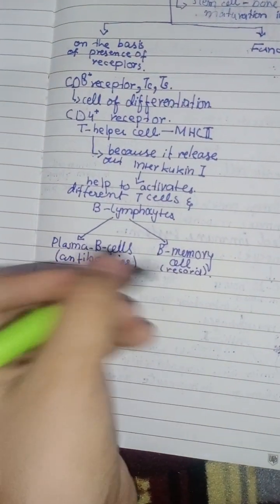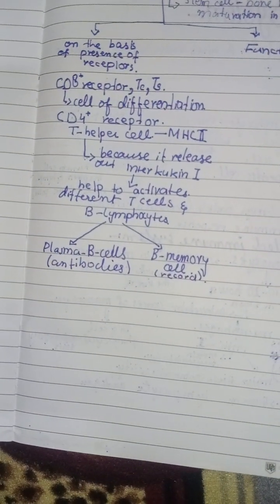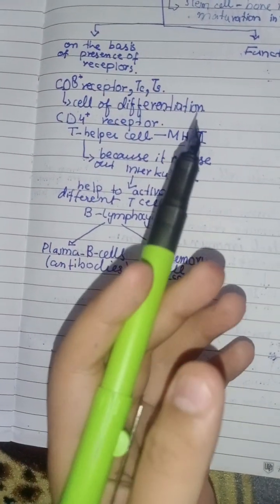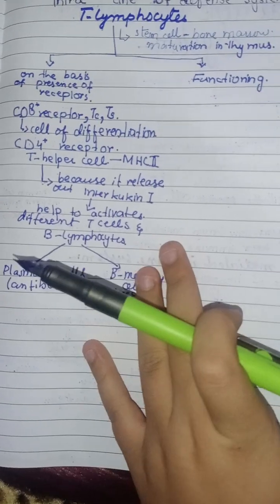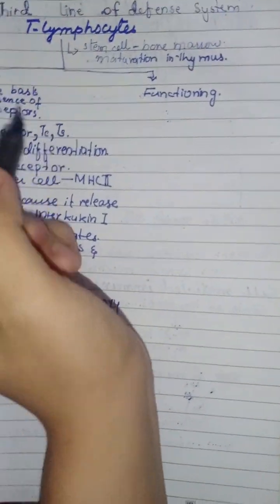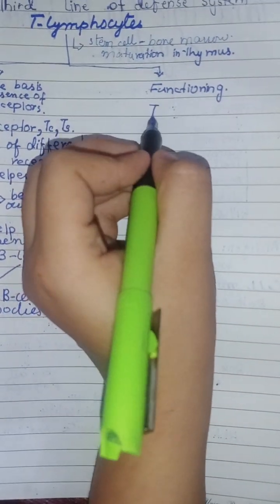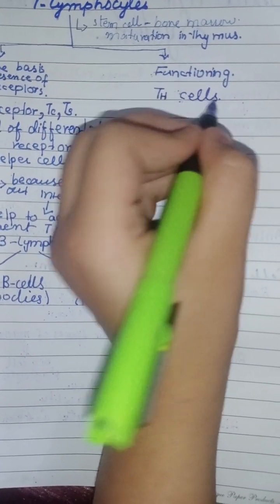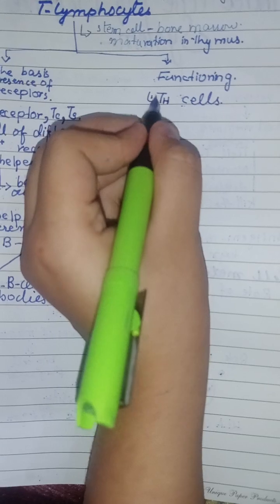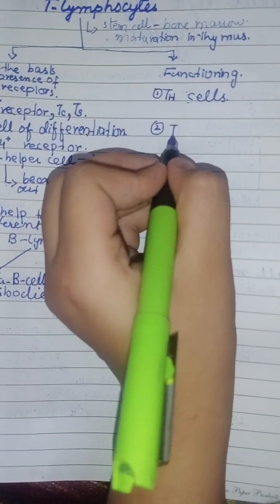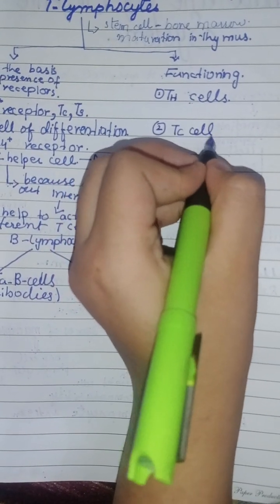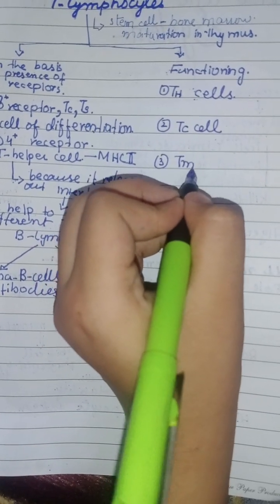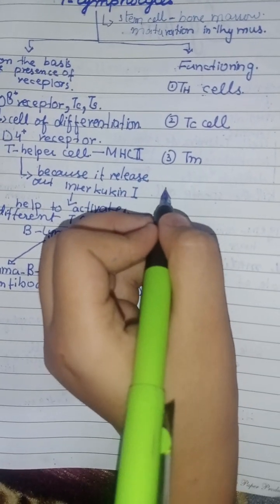Okay, full record. Now let me tell you about the functioning, on the basis of functioning, how T lymphocytes are. So here you can see, I am writing. Here we have TH helper cells, number 1. Number 2, we have TC cells, cytotoxic cells. Number 3, TM memory cells.